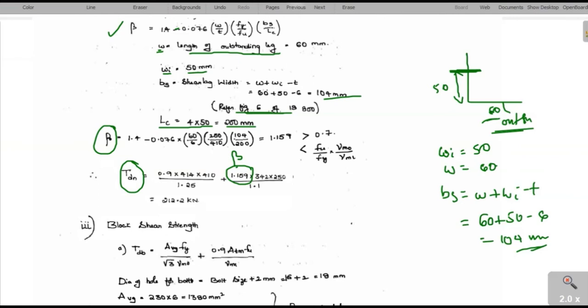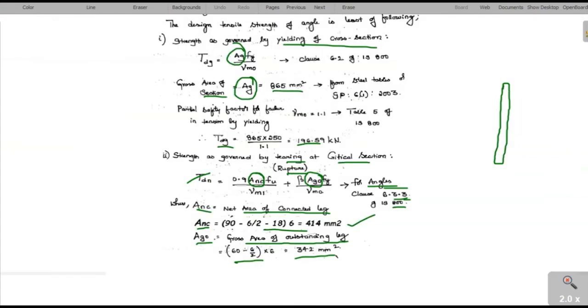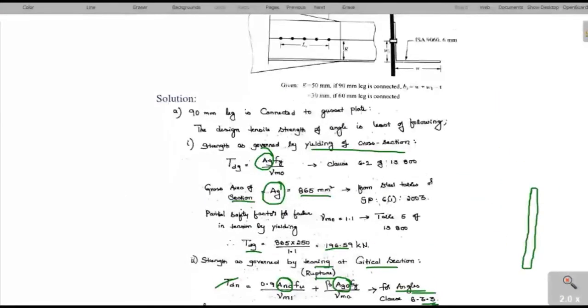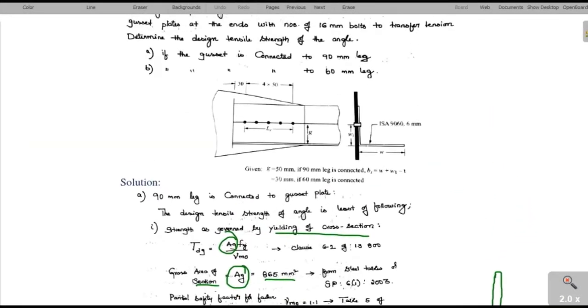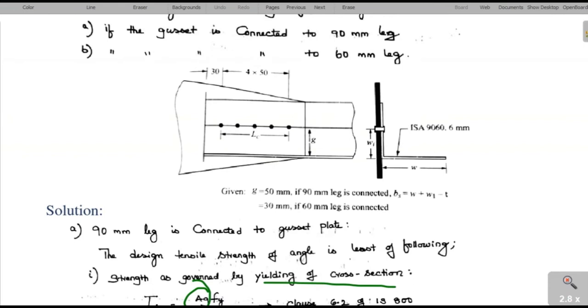So how does that value come here? It is simple. Let me just show you this. So Lc, see, these are the bolts, right? 5 bolts are there, and they consider the first and the last bolt. So the center to center distance between the first bolt and the last bolt is what we call as Lc, the length.